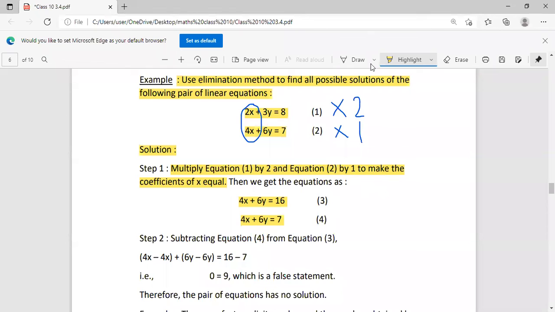Now we are subtracting equation 4 from equation 3. Either way, equation 3 minus 4 or equation 4 minus 3, whatever be the case. We got 0 is equal to 9, which is a false statement.